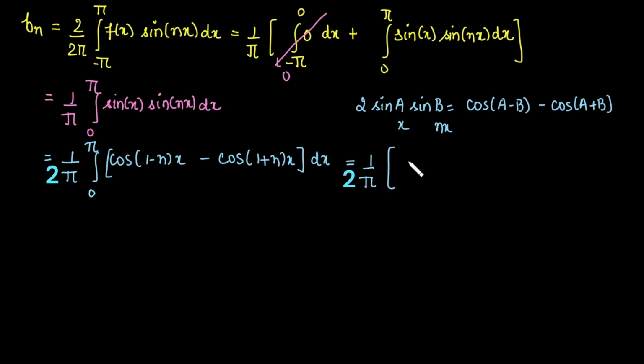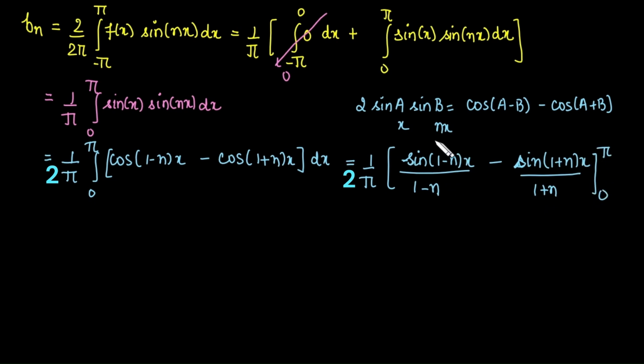Integration of cos term is sine 1 minus n into x divided by 1 minus n, minus, again in this case integration is sine 1 plus n into x divided by 1 plus n, and the limits are 0 to pi. Now observe this function at upper limit and lower limit. Sine 1 minus n into pi: sine n pi is 0, so it means this is also 0.